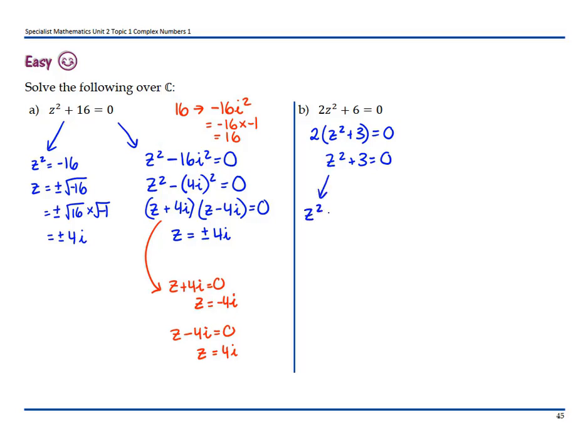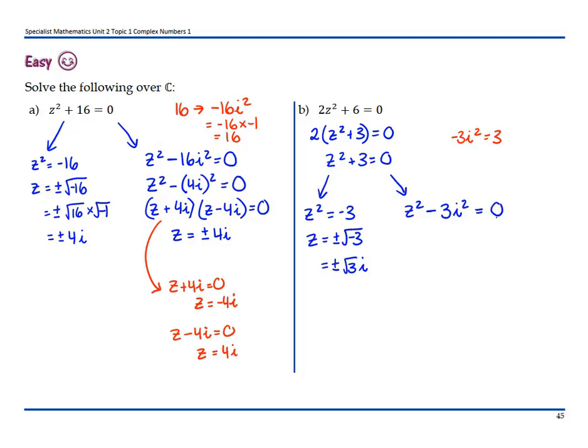So z squared, take the 3 over, we get negative 3. So z has to equal plus or minus the square root of negative 3, which is plus or minus the square root of 3 i. By factorizing, I need a minus in the middle, so I put my 3, but I times it by i squared, remembering that minus 3i squared is exactly the same as positive 3.